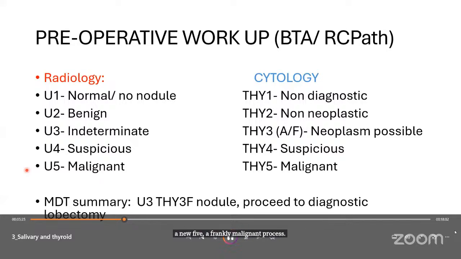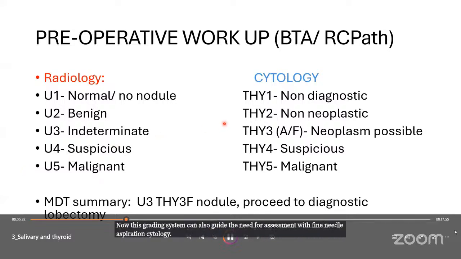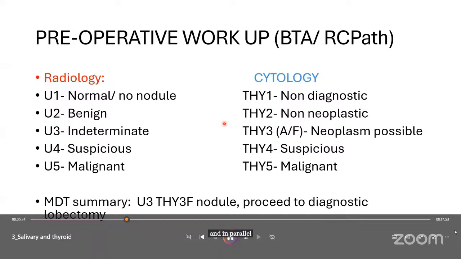Now, this grading system can also guide the need for assessment with fine needle aspiration cytology, and in parallel, the cytologists will use a similar grading system called a Thy classification to stratify patients based on cytological features.